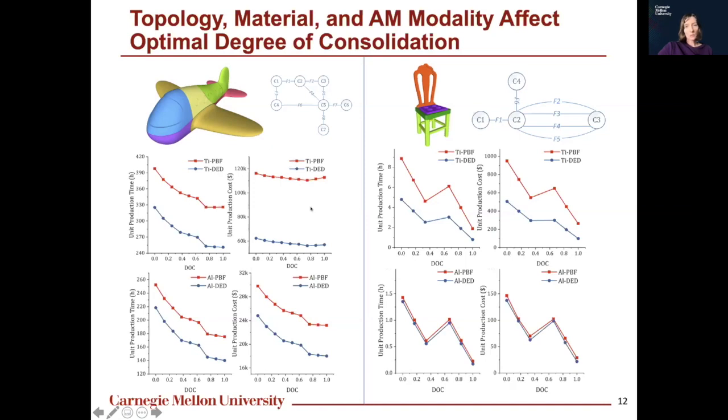And so in this case, when we produce this product out of titanium, we get an interior optimum for the degree of consolidation. But if we switch to aluminum, which is of course a cheaper material, then the optimum shifts towards full consolidation. And for the chair, because the shadow volume is lower, we can see that even if producing it out of titanium, the optimal level of consolidation can still be 100%.